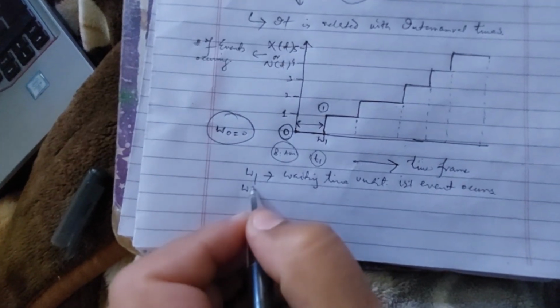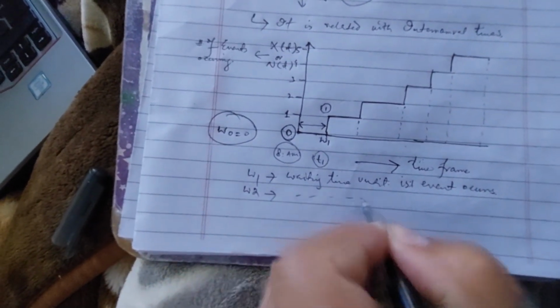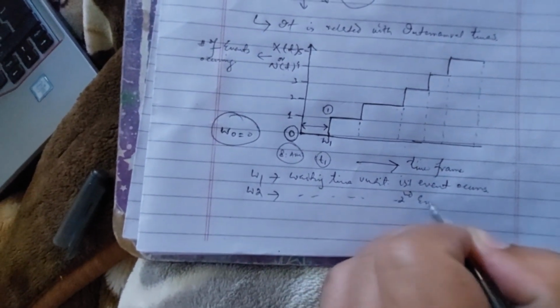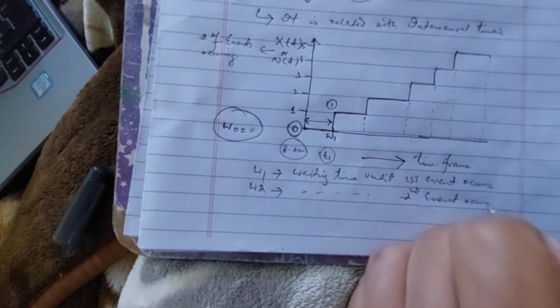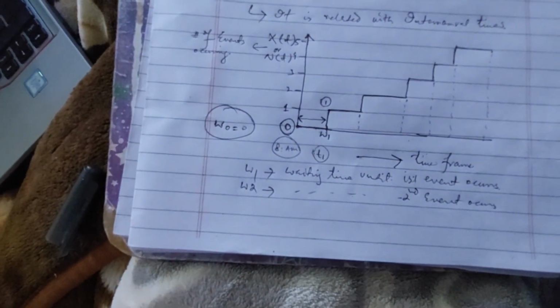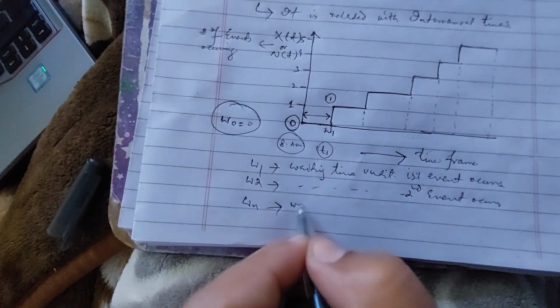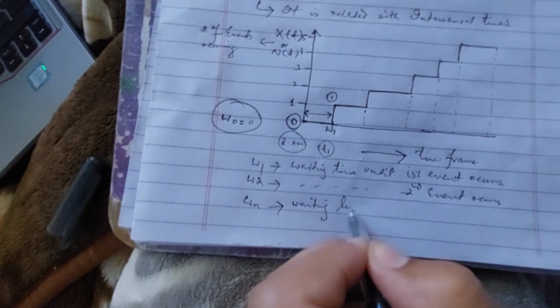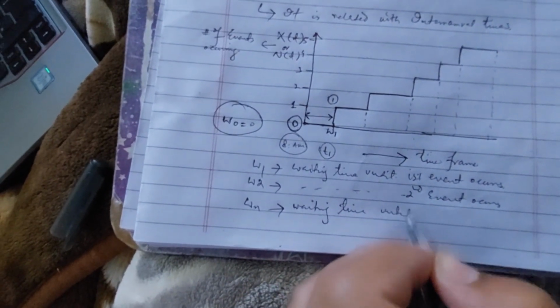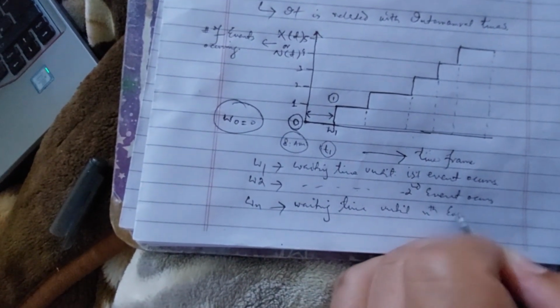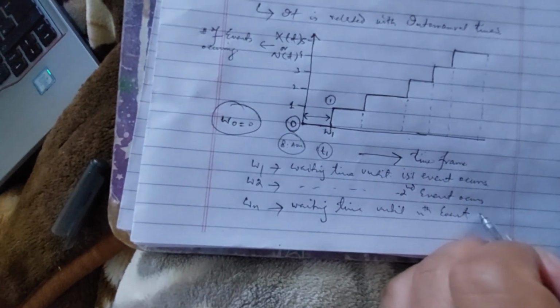Similarly W2 is the waiting time until the second event occurs, and so on up to Wn, which is the waiting time until the nth event or nth customer appears.